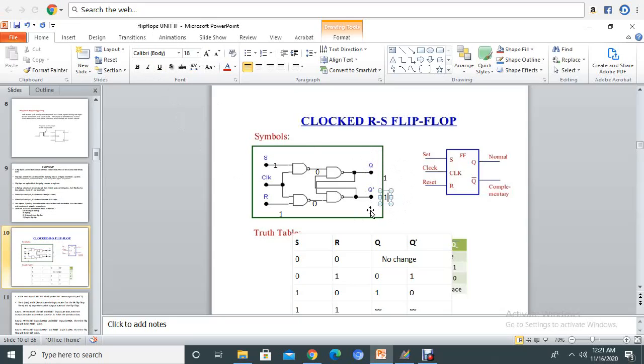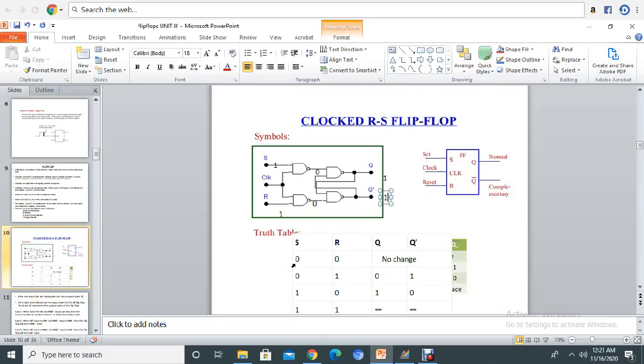So this is the undefined state. So if S is equal to 1, R is equal to 1, we will get Q is equal to 1, Q bar is equal to 1. So this is indefinite. So this is the working of RS flip-flop.